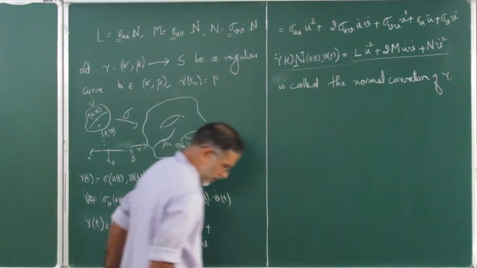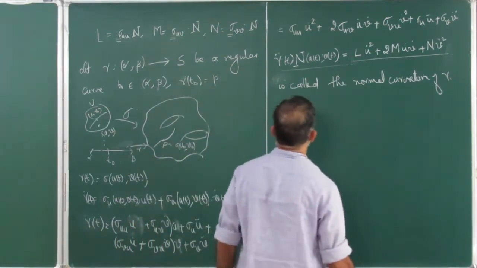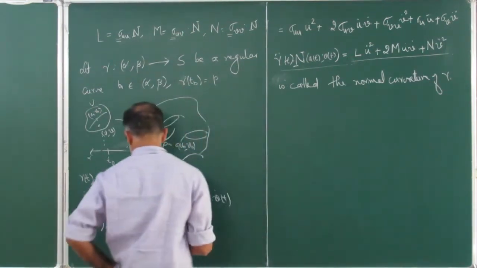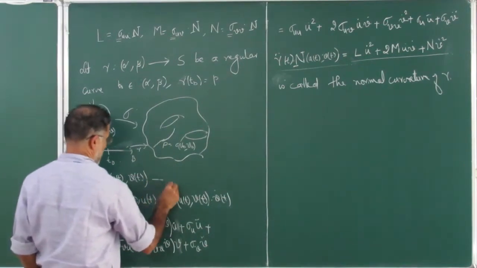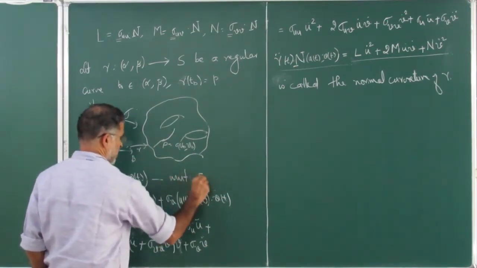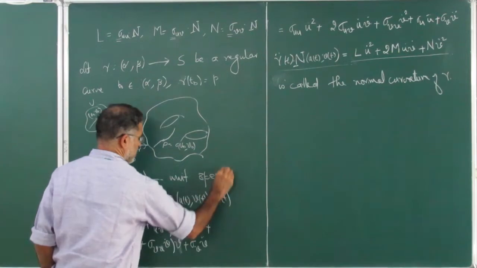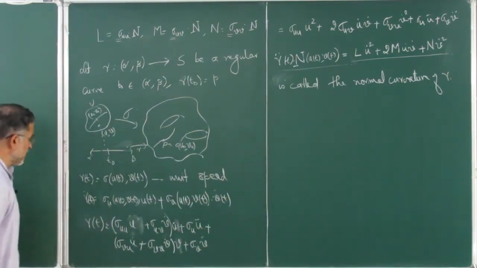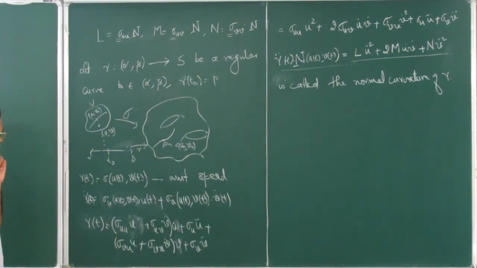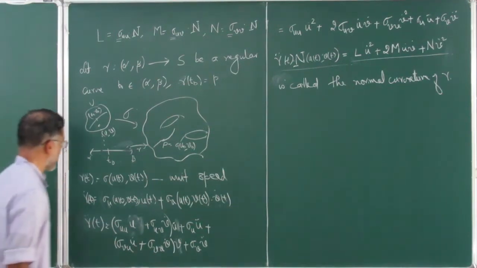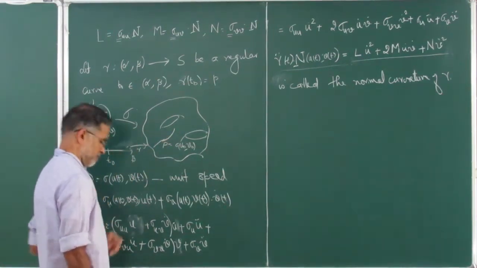So this can be understood in another way. Of course, let's always say this is unit speed, so that it's better. So let us assume that our parameterization is a unit speed parameterization here.